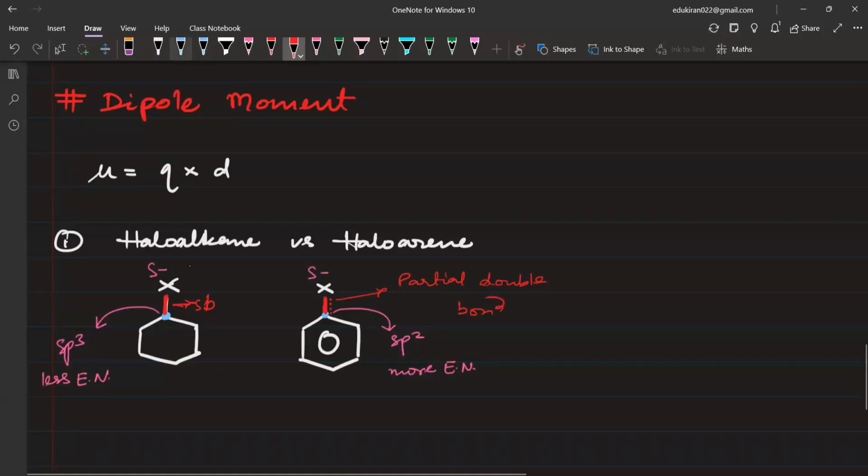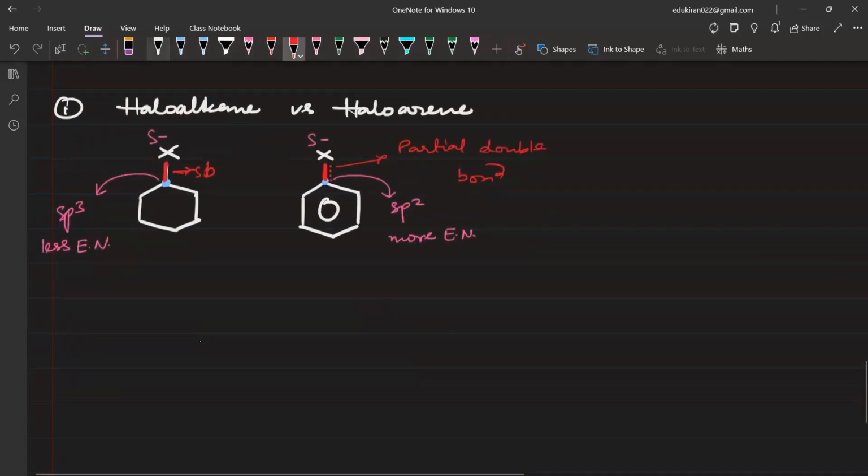Now, when you look at both of these differences and conclude, since sp3 is less electronegative, listen carefully, it is a little tricky. Guys, please listen. Here in the C-X bond, the carbon atom is sp3.